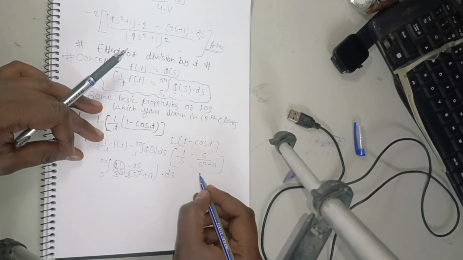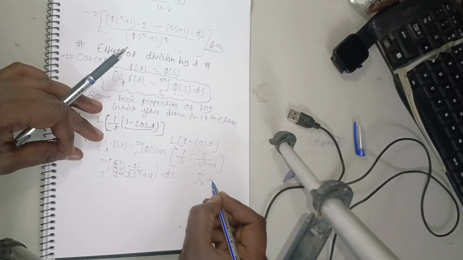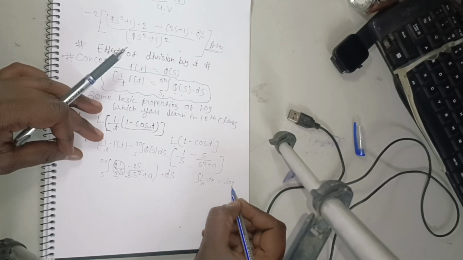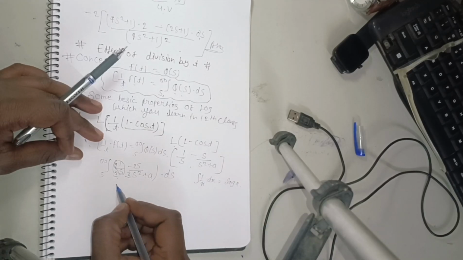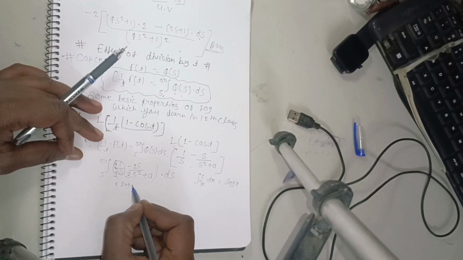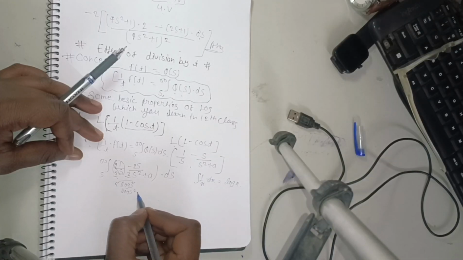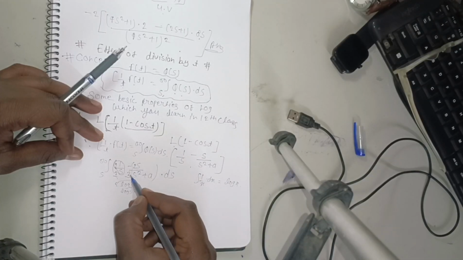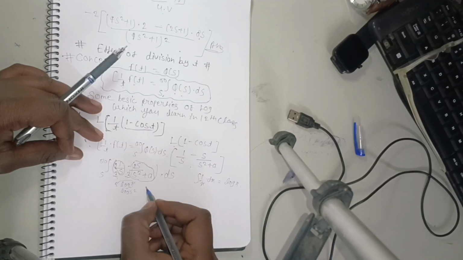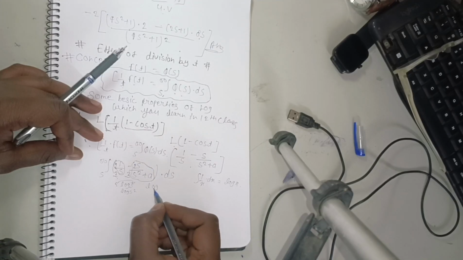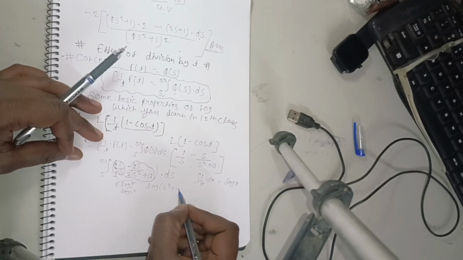What is the integration of 1 upon x? I know the integration of 1 upon x dx is log x, right? So the integration of this will be 2 log s, and the 2 can be taken as a power of s, so log of s square. And this can be written as log of s square plus 1.